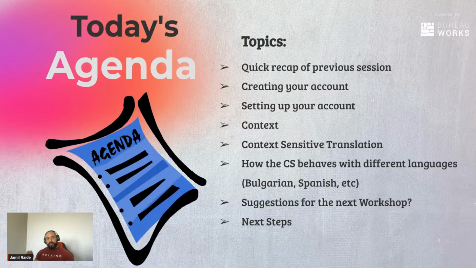I'm going to touch upon some of these items again, but this session specifically I created based on the feedback that I received from the previous session, where people were asking me how they could set up their accounts in BetaWorks, and also how the translation editor would behave with a different language.